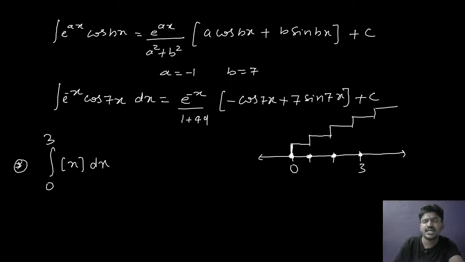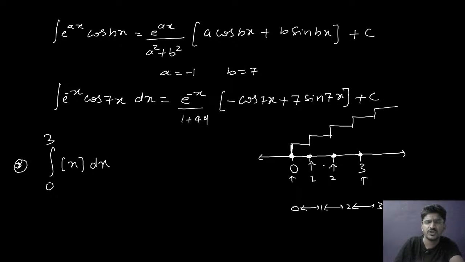That means this greatest integer function is not integrable at 0, 1, 2 and 3. That's why this has to be divided into 0 to 1, 1 to 2 and 2 to 3.